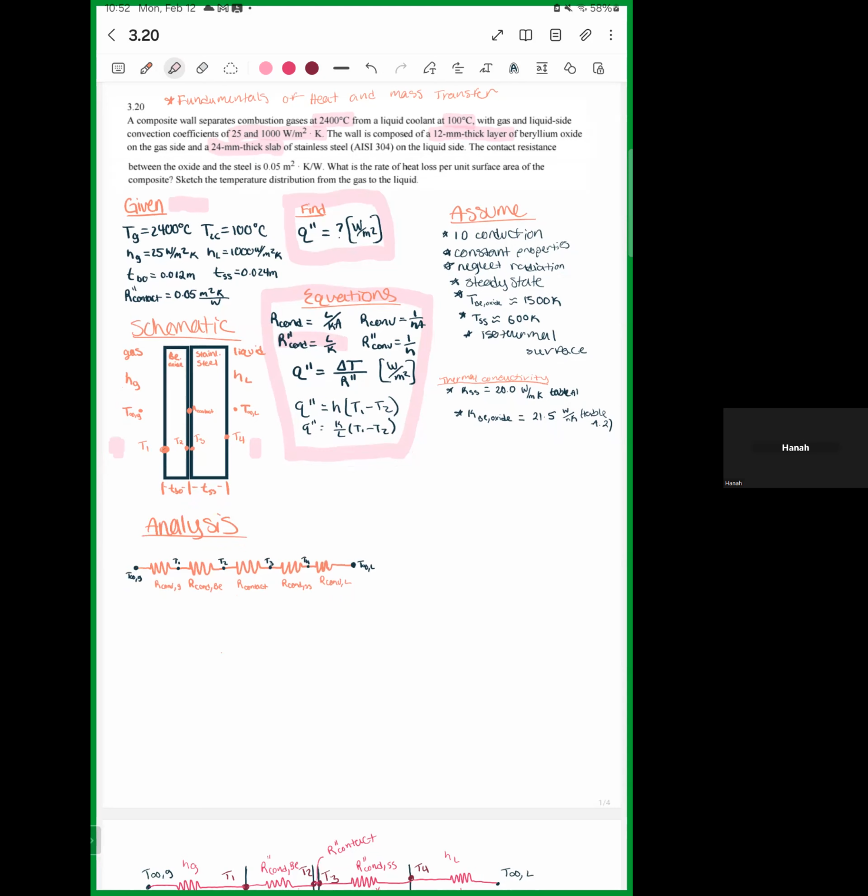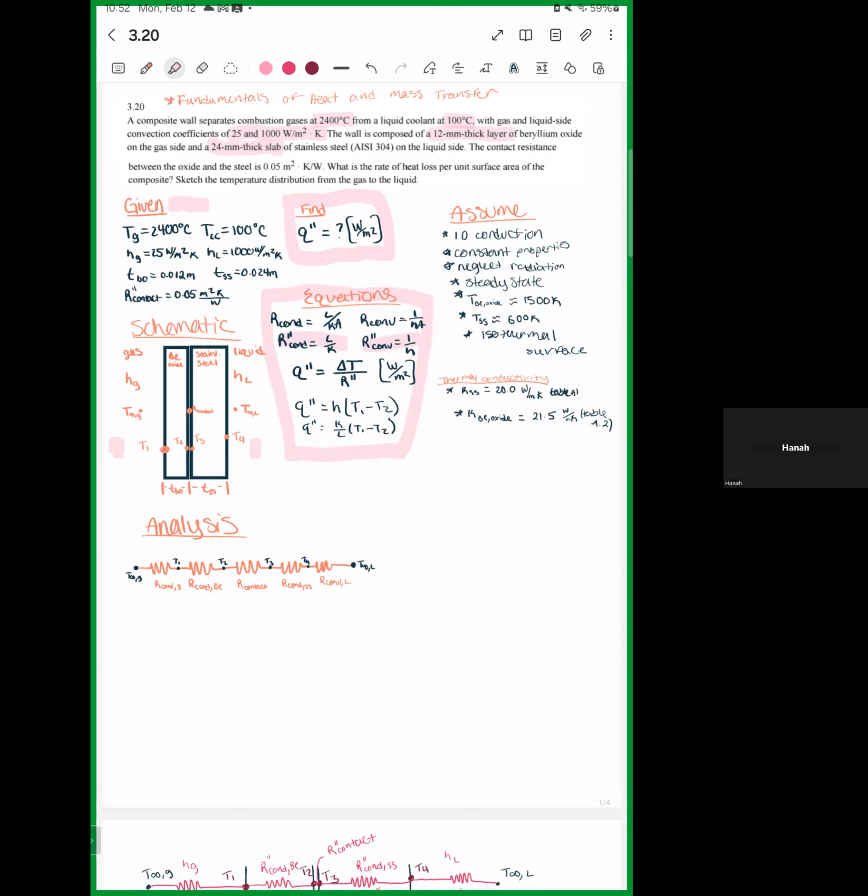And then for convection, it's the same thing. We're using R double prime instead of R. So we'll be using 1 over h to find the resistance from convection in both the gas and the liquid. And what we're looking for is q double prime.